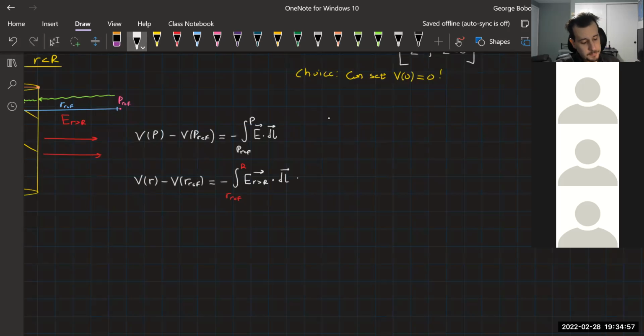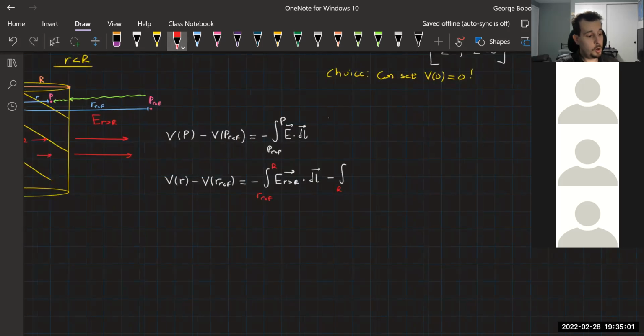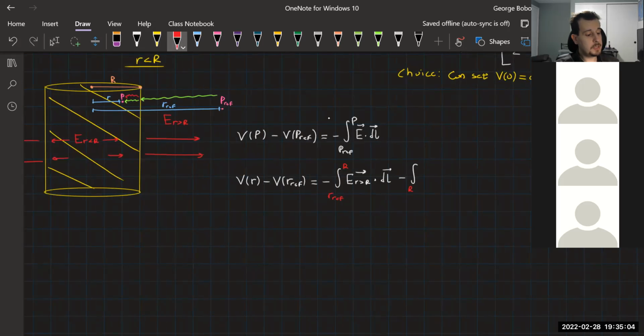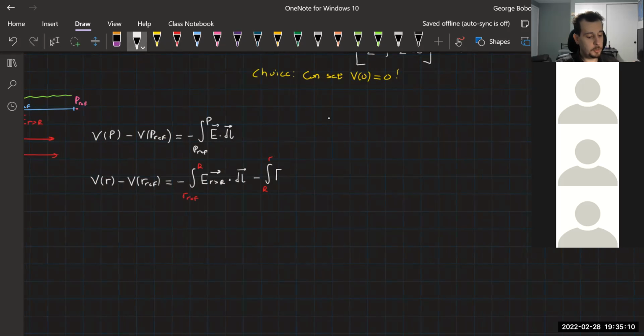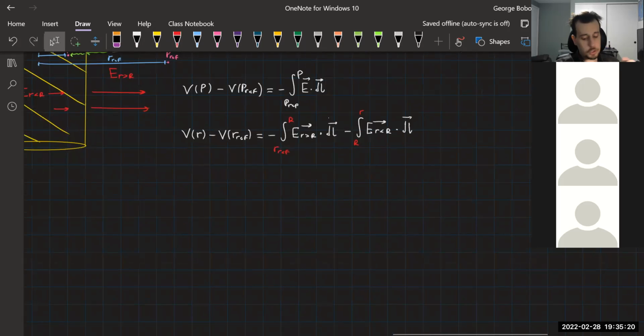So I need to add to that another integral that continues from capital R until the radius of my point P. We've done this before. It's just a little bit weirder now with the cylinder. And of course, the electric field that acts on me is the one that is inside the cylinder. We have both of them. So let me start simplifying here. V of R, we'll move the V ref to the other side again.